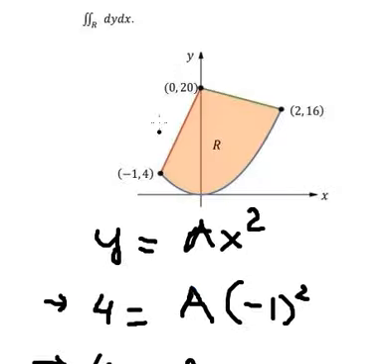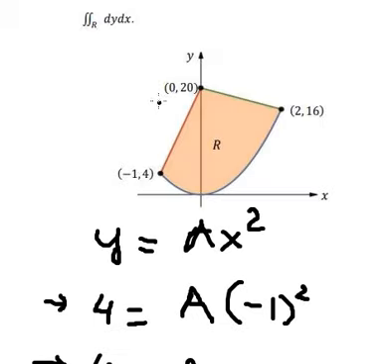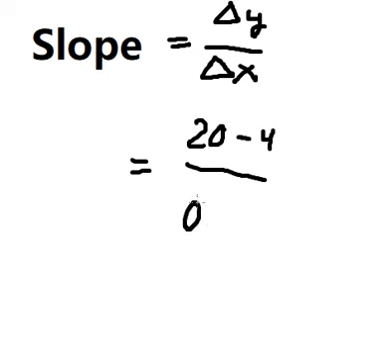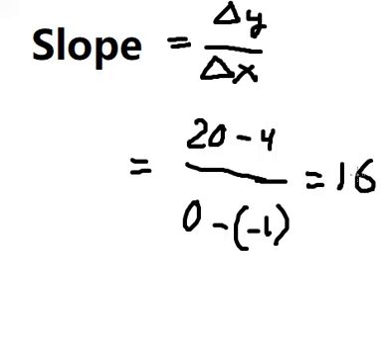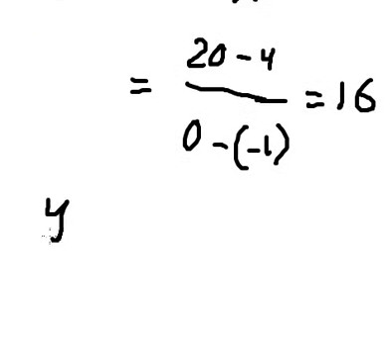And I will choose the points in here. So we have 20 minus 4 over 0 minus negative 1. We calculate this one and you get 16. So capital A equals 16.